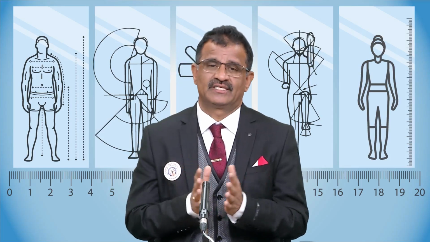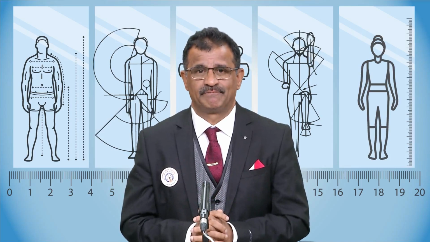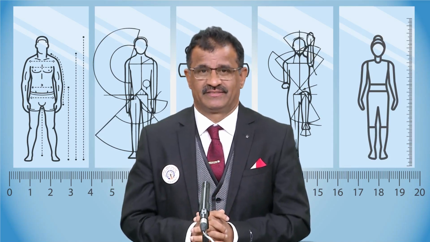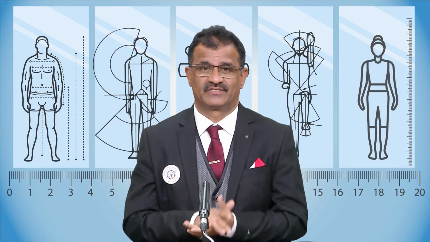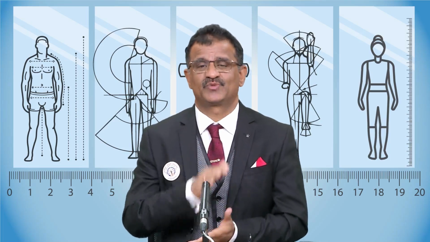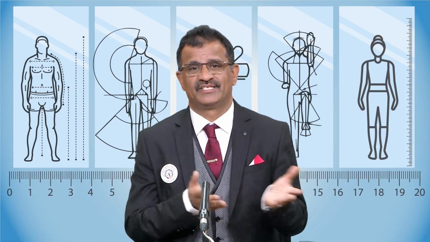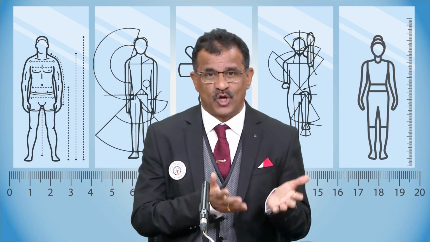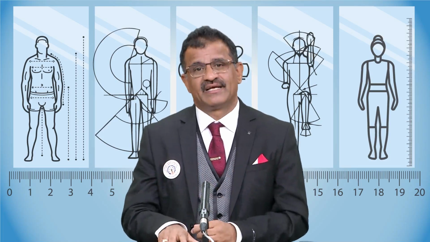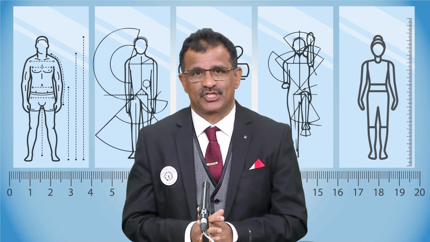When you listen to this word first time, anthropometry, you get nervous, you get confused. But when you break up this word into two parts, it becomes very easy, just like geometry. So anthropos and metry, this word breakup we'll see later on.